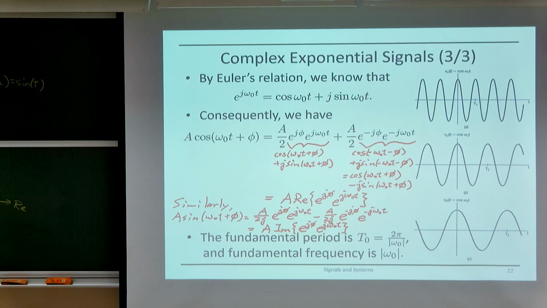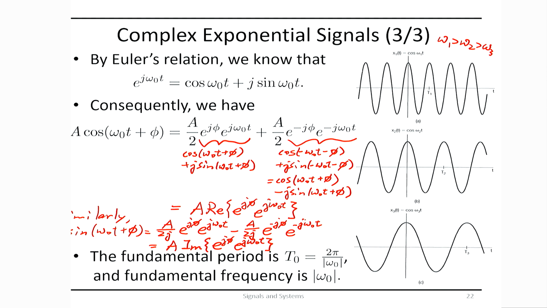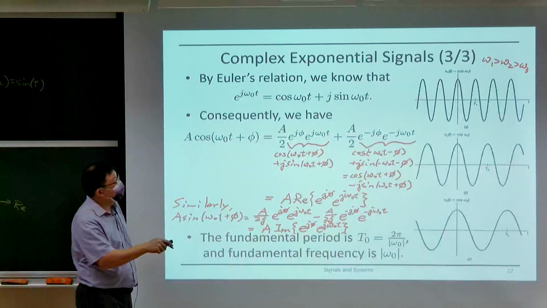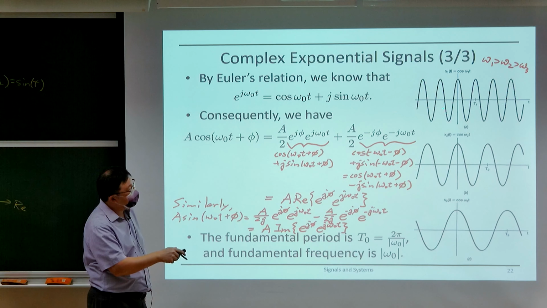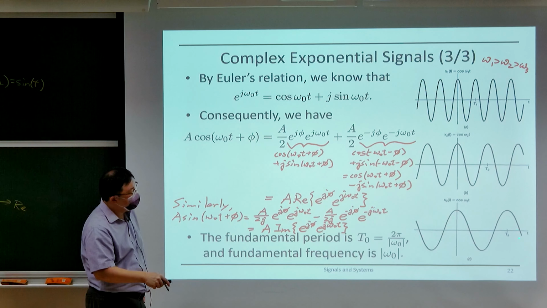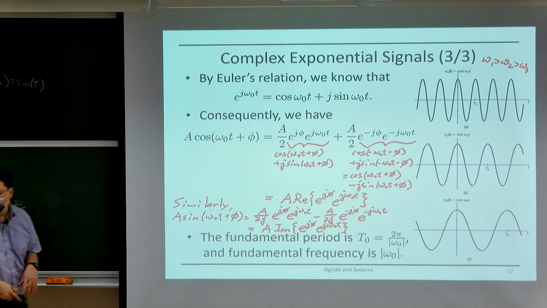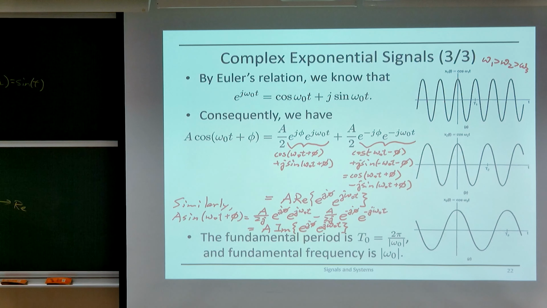The top one is omega 1, which we assume is greater than omega 2 and greater than omega 3. So you can see that with the larger fundamental frequency, the sinusoid varies faster than those with smaller fundamental frequencies.